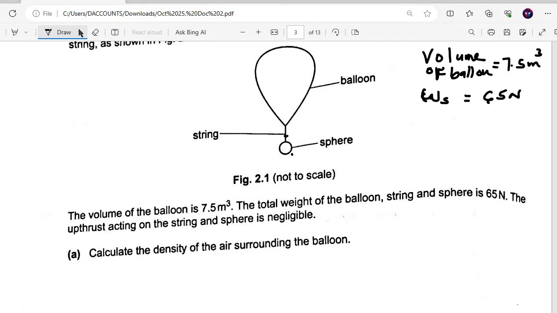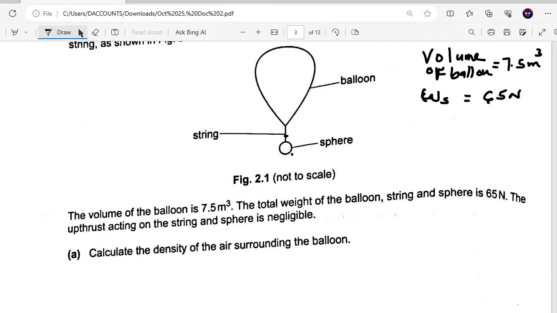So calculate the density of the air surrounding the balloon. Oh yeah, they said the upthrust is negligible.